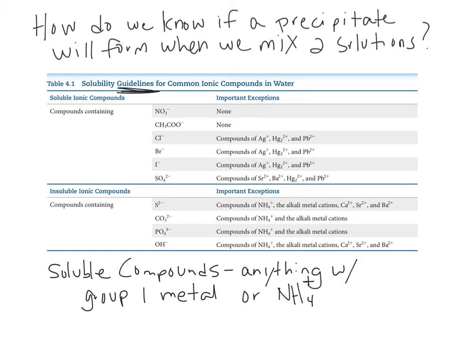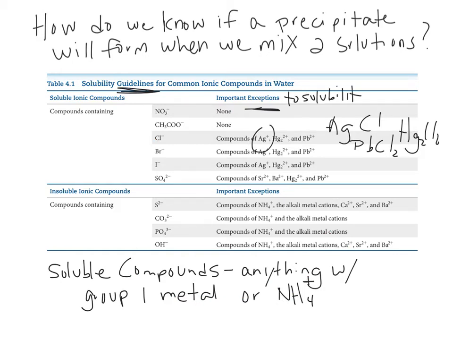There is an exception to chloride. If it is silver chloride, mercury chloride, or lead chloride, it will be insoluble. So the exceptions here are exceptions to solubility, which means it would be insoluble.